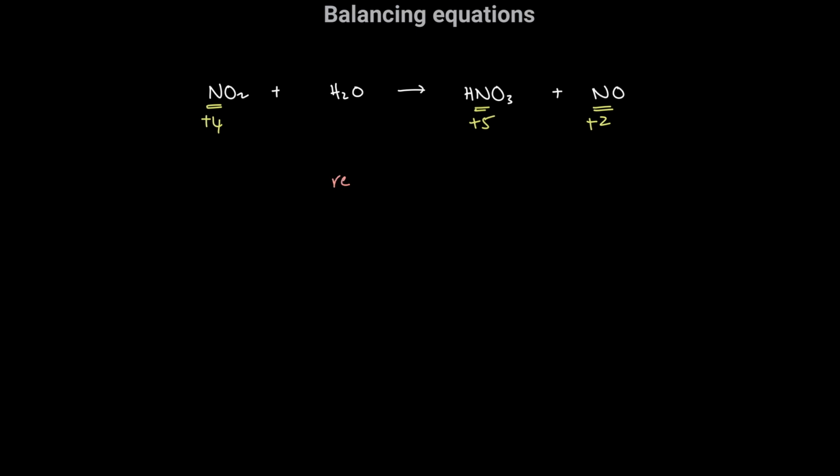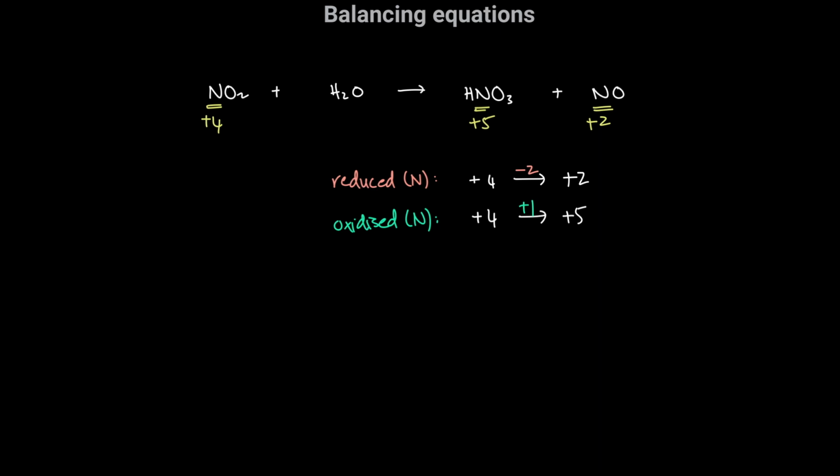Again, we can say that this is disproportionation of nitrogen dioxide. So some of the nitrogen atoms are reduced from +4 to +2. That's a change of -2, the oxidation number is decreasing by 2. And some of the nitrogen atoms are being oxidized from +4 to +5, so that's a change in oxidation number of +1.